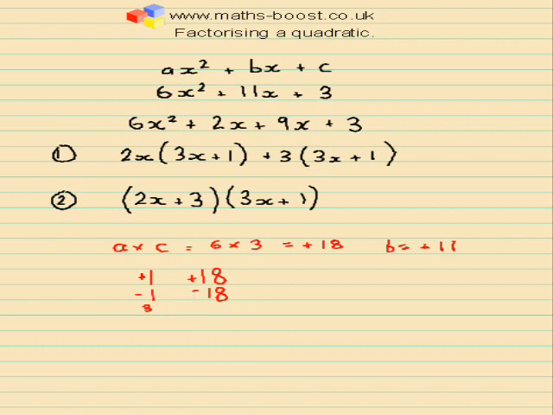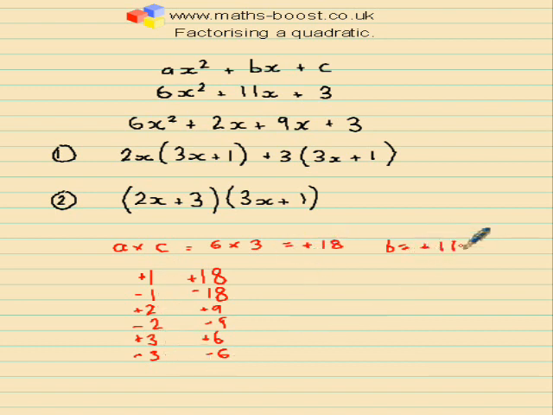And we have +2 and +9, and in just the same way -2 and -9 also multiply to give +18, and +3 and +6 and -3 and -6. And I ask myself, well, 4 doesn't go into 18 and neither does 5, and at 6 I'm back to the beginning. So these are all the numbers that multiply to give me +18.